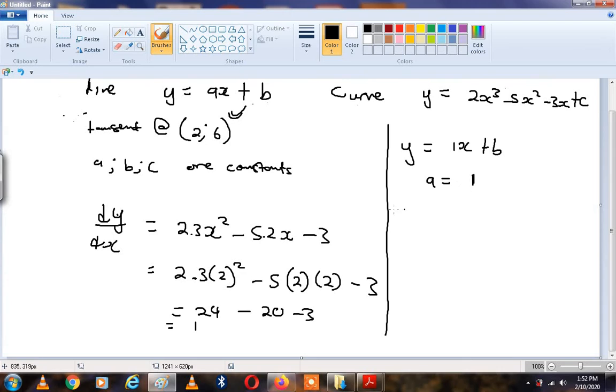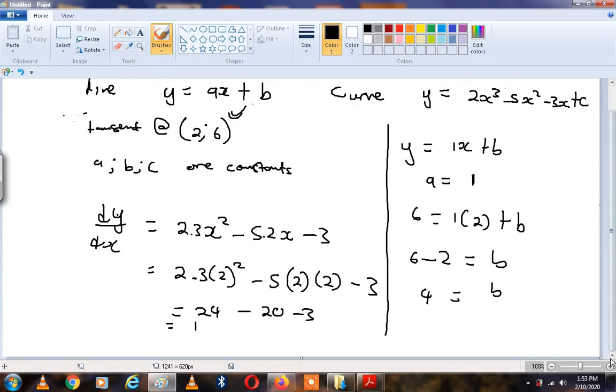The next step is to find b, but we already have these coordinates, so we go into this equation and replace y and x. Instead of y we put 6, equal to 1 times 2 plus b. Then if we move the 2 over, it becomes a minus, and we find the value of b, which is 4. So b is equal to 4.